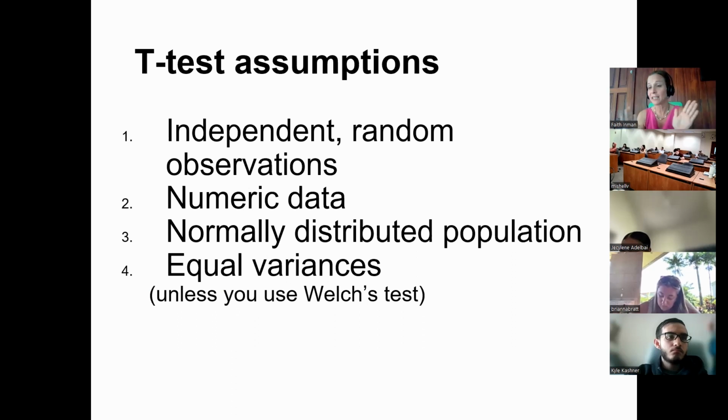Every statistical test comes with a set of assumptions that must be met for the test to be valid. In this case, here I've listed 4 assumptions. Some people put this as 3, some people put it as 2, depending on how you group them. I put that the first assumption that must be met is that the observations are independent and random.